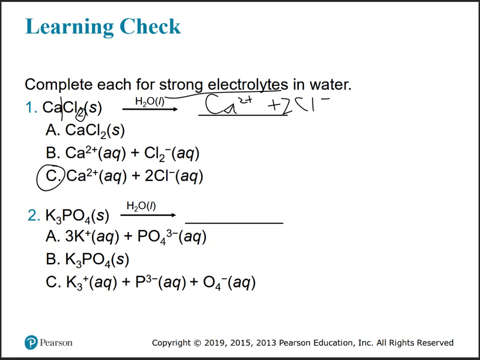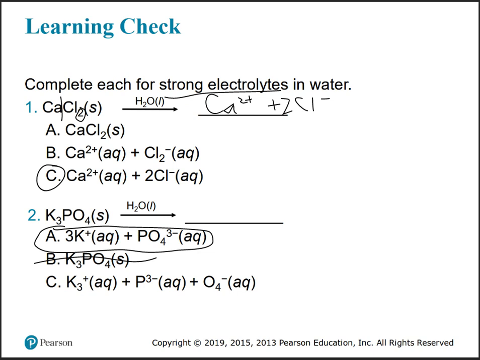Both of them are strong electrolytes. So you're going to need some ions. So it's not B. We can rule that out. And it's between A and C. So vote for A or vote for C. I see you, D. You're saying A. That is our answer. It's A.